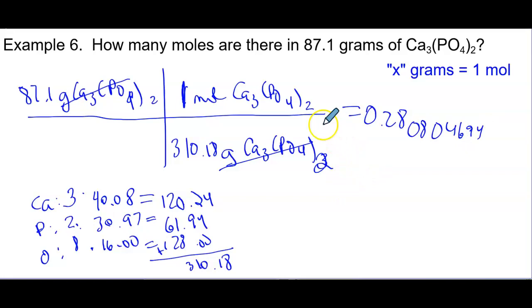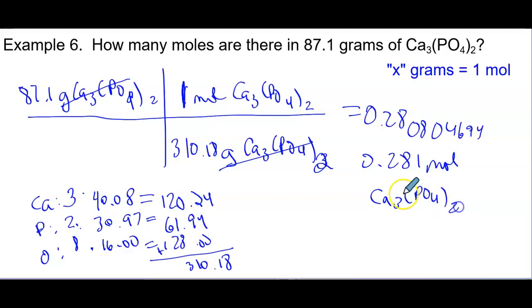Then sig fig rules say there are 3 sig figs here and 5 here. We won't count the 1, so I can only have 3 sig figs, so 0.281 moles of calcium phosphate is our final answer. Please pause the video and make sure that you get this answer on your calculator on your own.